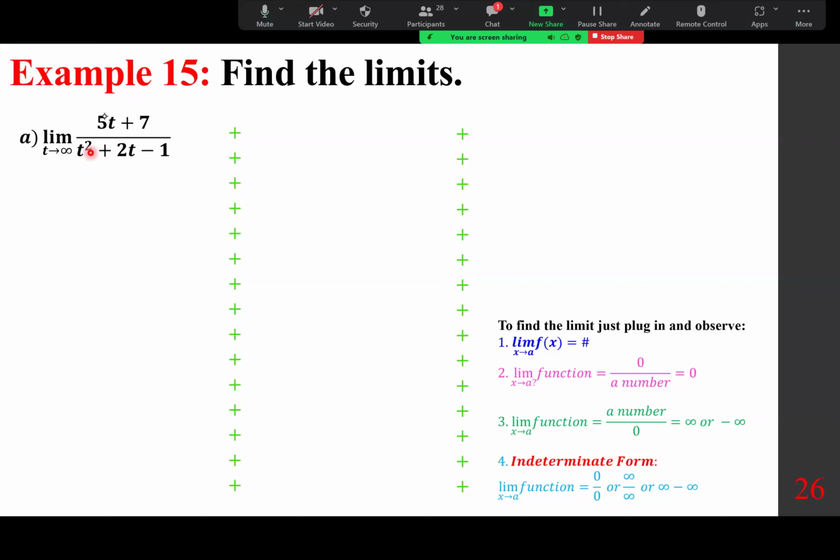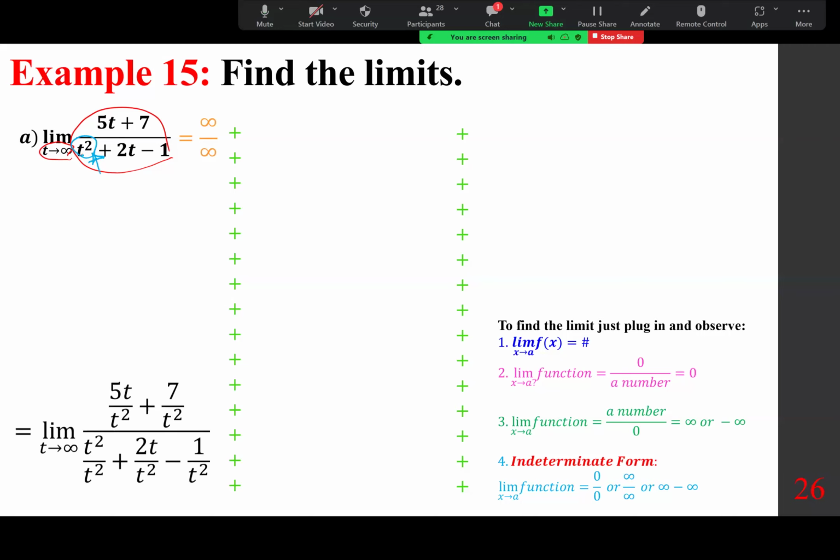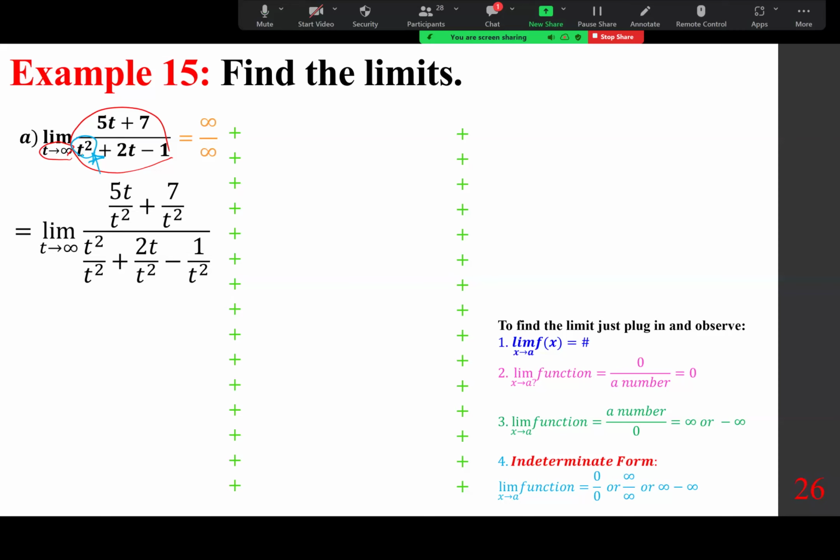For example, here, if I plug in, I get infinity over infinity. So what is the technique? Because you're dealing with a rational function, and t or x is approaching infinity, you must divide by the highest degree term in the denominator, namely t squared. You do so and simplify, dividing everything by t squared.